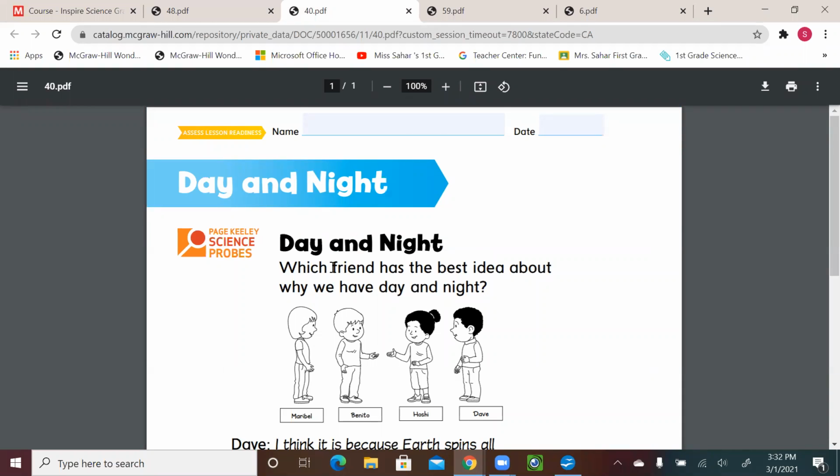Day and night. As usual, we see here a few friends, they have ideas about something and we need to see which one gives us the right idea or which one we agree with. Which friend had the best idea about why we have day and night?